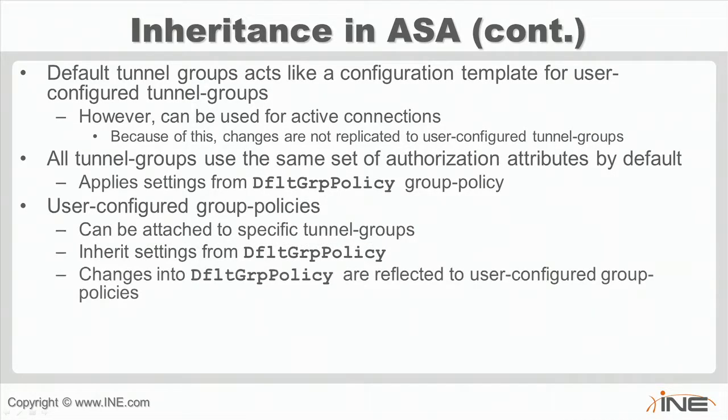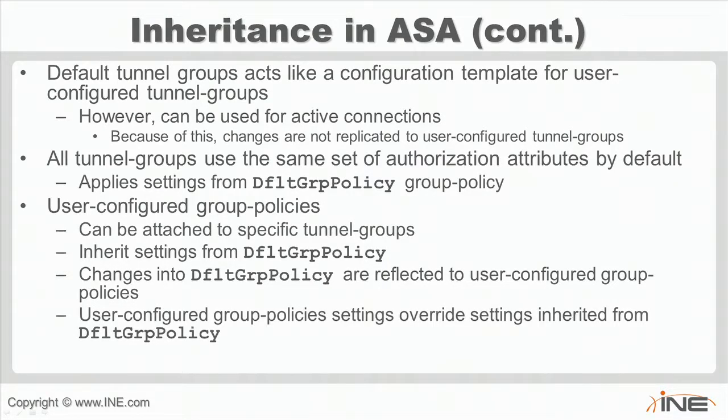The difference here from the tunnel group is that if you make changes in the default group policy, those changes will be reflected in the user-defined group policies, unless there is an overlap.